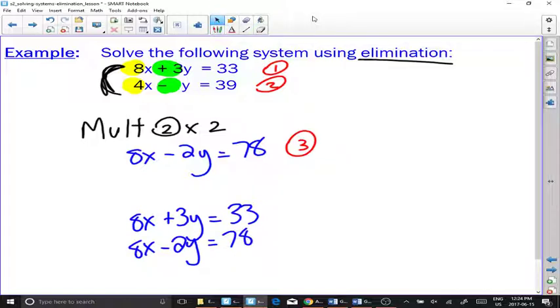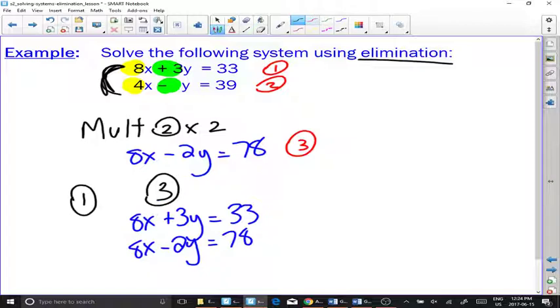If we want to get rid of the x's, do we add or subtract? Well, if we look at the x's, we have +8 and +8. If we add those together, we get 16. We're not getting rid of it. But if we subtract, 8 minus 8 is 0. So it's going to be 1 minus 3.